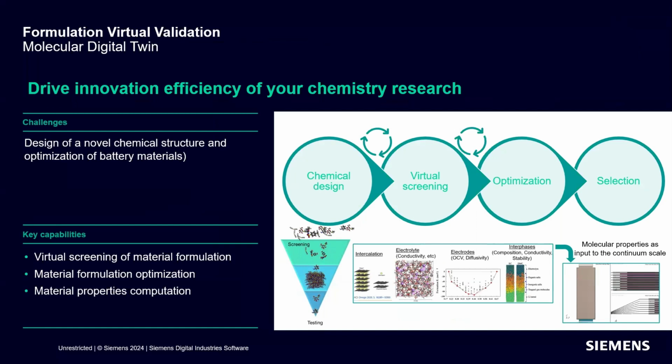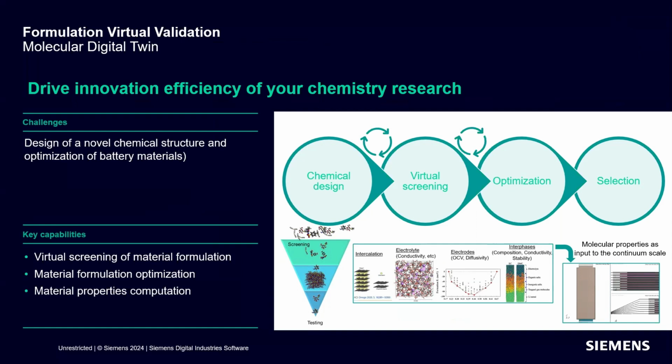With this part of the workflow, you can reduce the time in the chemistry lab by virtually screening molecules and formulations to determine parameters. Processes such as intercalation of lithium, lithium ion transport in the electrolyte, and diffusivity in the active material can be simulated and determined.